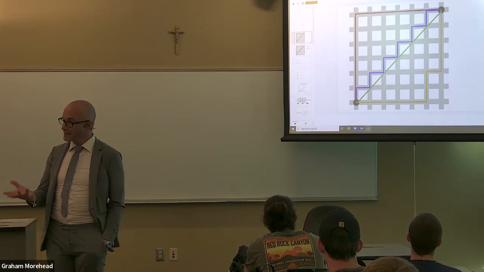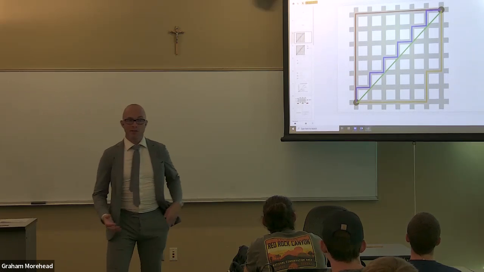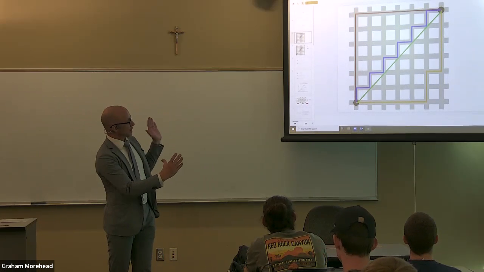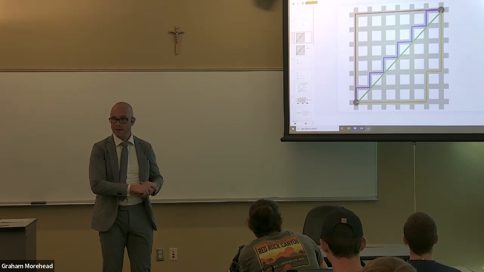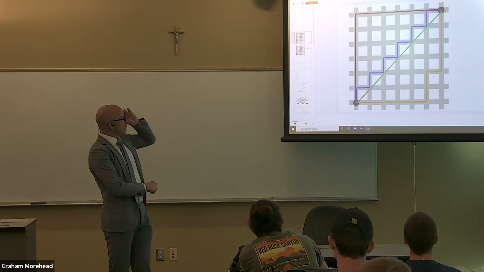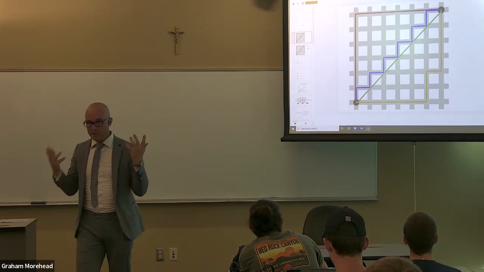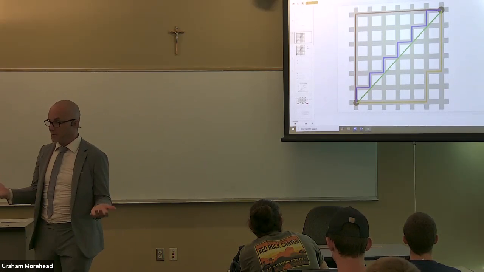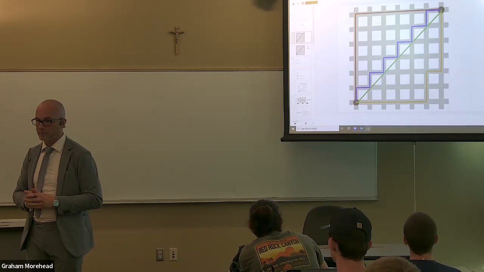So Manhattan distance is interesting in that it almost doesn't matter which way you go as long as you're somewhere in the main square region. You will always get the same Manhattan distance. So the Manhattan distance is not the real distance, but in some situations, like if you're in Manhattan, it's the distance that matters, right?